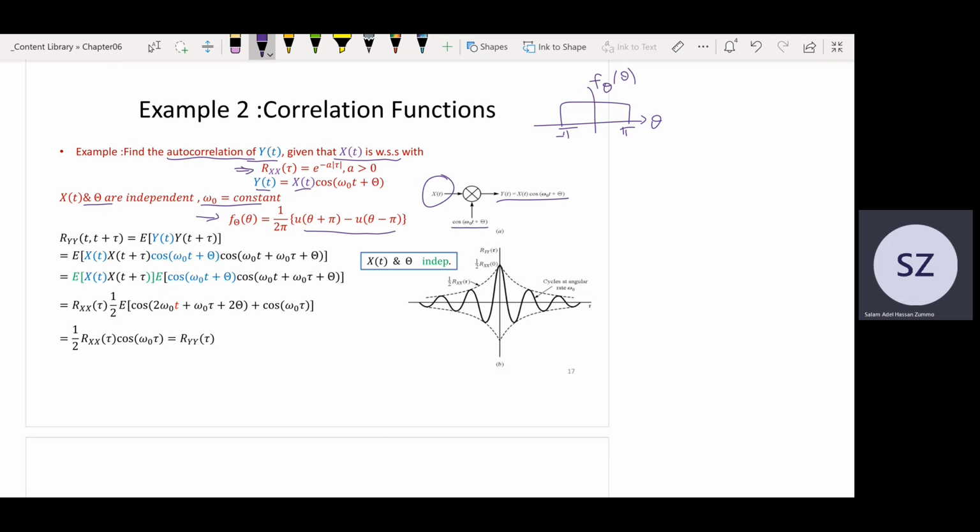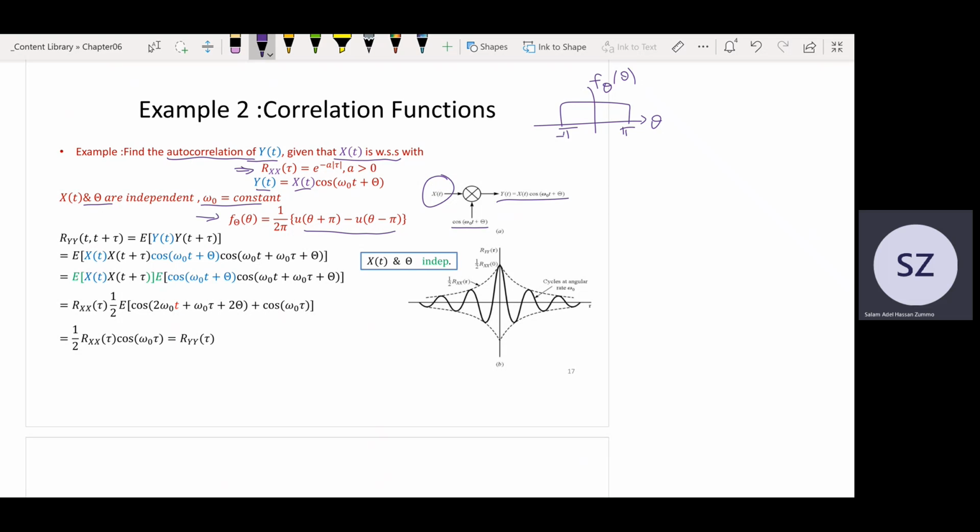Like the radio in AM: when you are driving the car, the signal comes at a random delay. The delay changes with time as the car moves, from Dhahran to Riyadh. So this phase is uniform between minus pi and pi. So I have a typical communication system where a signal modulates a random phase carrier, and I get my output signal.